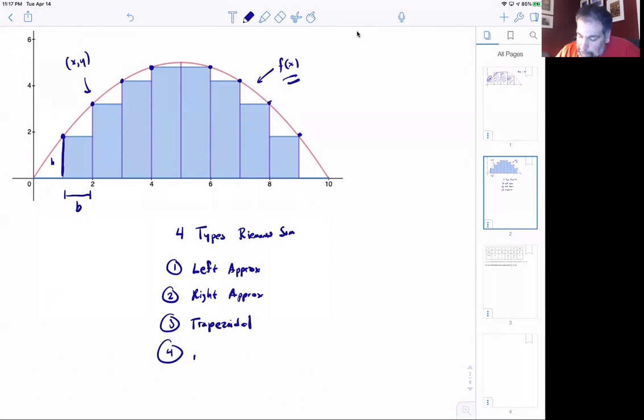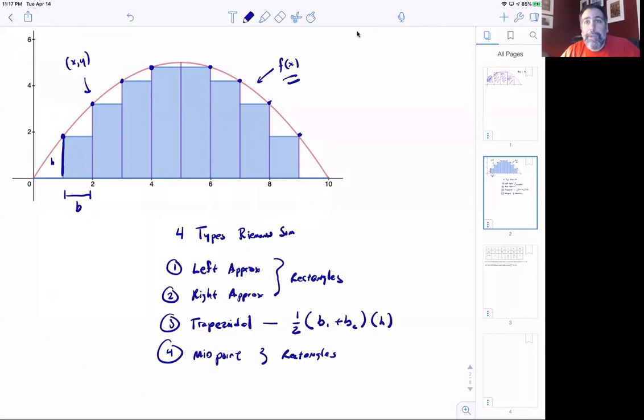And we're also going to use a midpoint approximation. Now, what's nice about the left and the right and the midpoint is they all use rectangles. So it's all about finding bases and heights for all 3 of those. And then for the trapezoidal rule, kind of simple, we're going to be using the trapezoid. So just a real quick reminder, the area of a trapezoid is the average of the 2 bases times the height of the trapezoid.